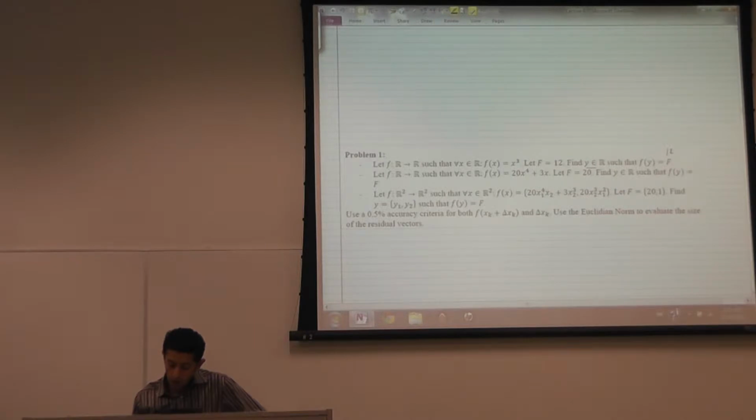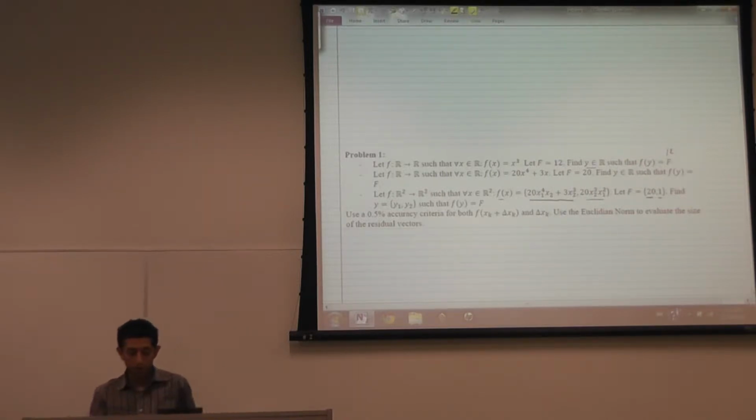The first component has this form, 20 x1 power 4 x2 plus 3x2 power 3. So I take the first component, power 4, multiplied by the second component, plus 3 second component cubed. That's the first component of the solution, and the second component of the solution is 20x2 cubed, x1 squared. And I want x1 and x2 that correspond to 20 and 1.